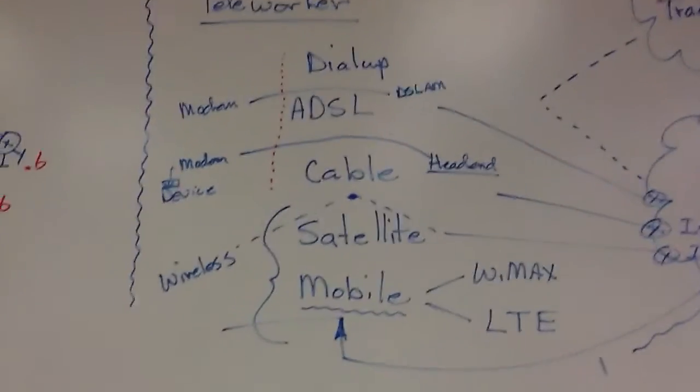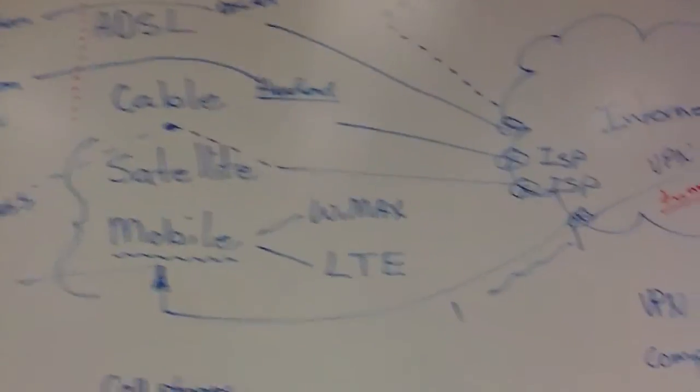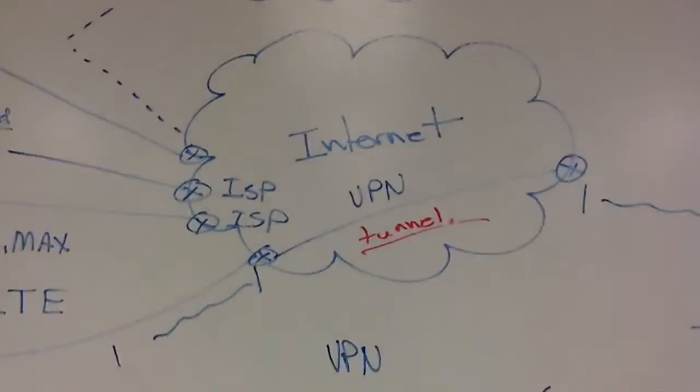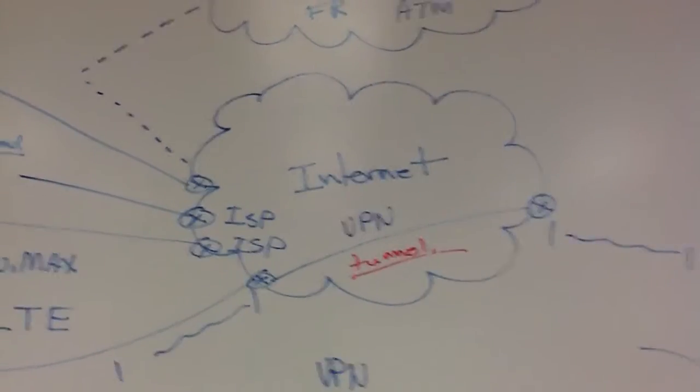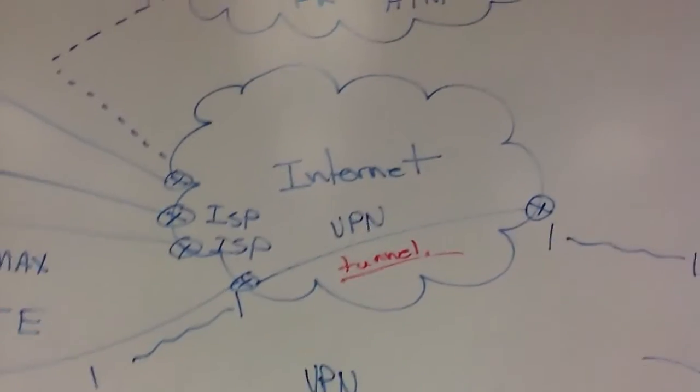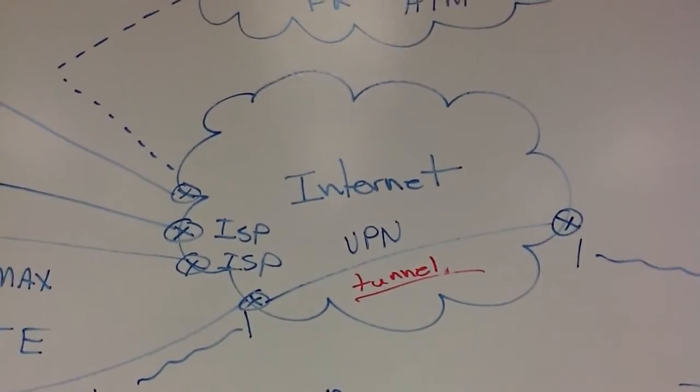So we have all these options, and then we talked about nowadays going through maybe the internet, through ISPs connected, and creating a virtual private network through the internet, creating some tunnel through there.